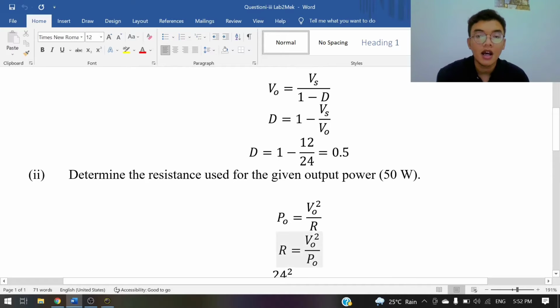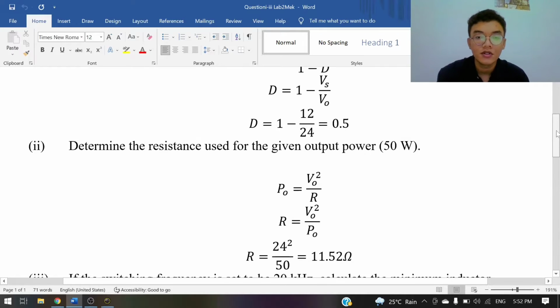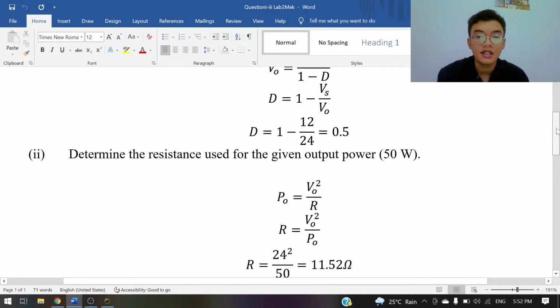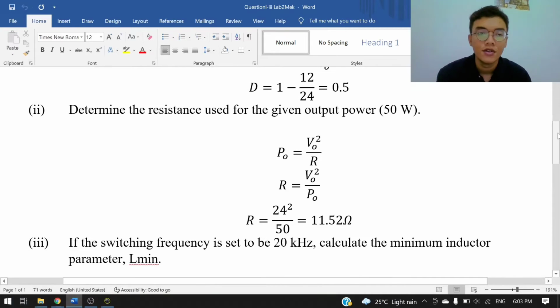So R equals V output squared divided by P output. Insert the information given: 24 squared divided by 50 equals 11.52 ohm. So the resistance is 11.52 ohm. We continue to the next question.